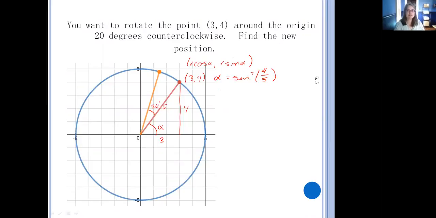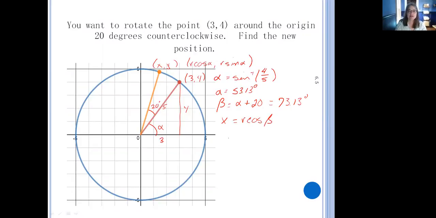So alpha is, oh, we liking this number today, 53.13 degrees. But now I'd increase that angle by 20 degrees. So my new angle beta is that angle plus 20, or 73.13 degrees.